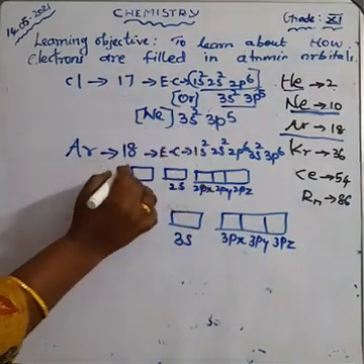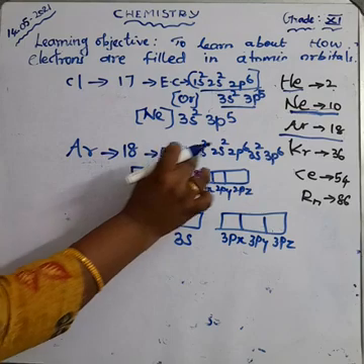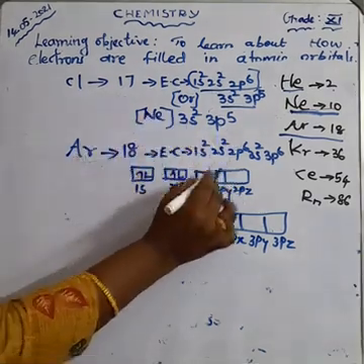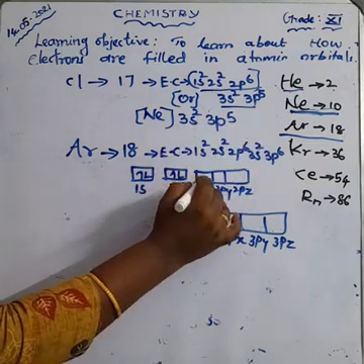Okay, how will you fill? 2 electrons for an s orbital, another 2 electrons for another s orbital, and 2p6.